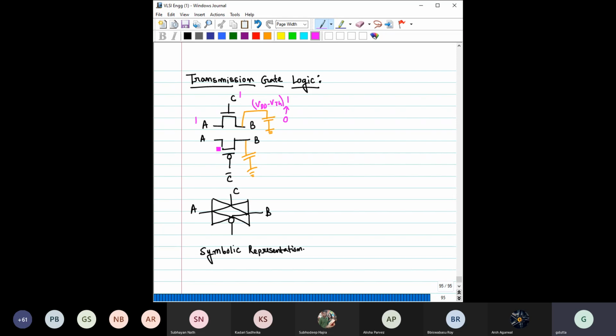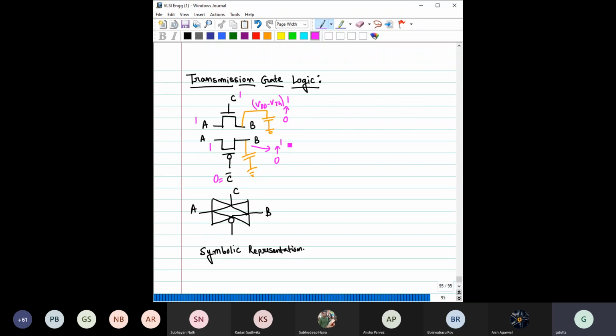Similarly, if you make the same thing using a PMOS, rather than NMOS, we will make C equal to 1 only. C equal to 1 means C bar equal to 0. Then see what will happen. This is P, so it can raise this voltage from 0 to 1 fully.